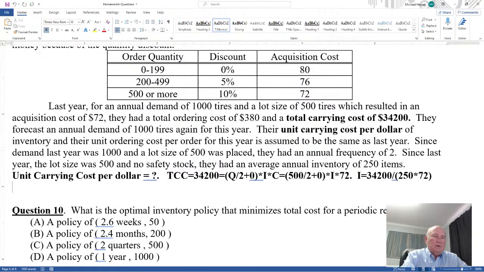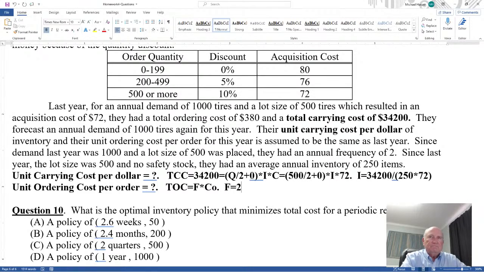Okay, but then what's the unit ordering cost per order? Total ordering cost equals the order frequency times C sub O. Well, the order frequency is given to be 2.